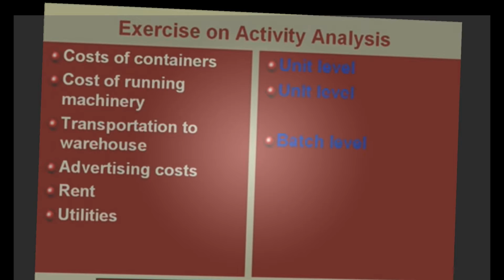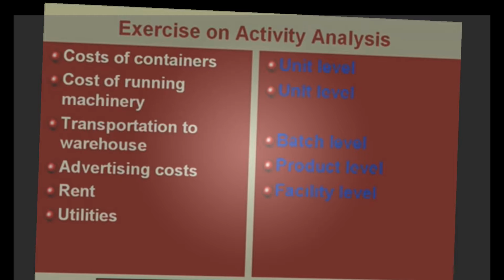Advertising costs. If you said product level, you got it right. This has to be product level. This is because advertising relates to a particular product. For example, would advertising of Purina cat food impact dog food sales? Absolutely not.